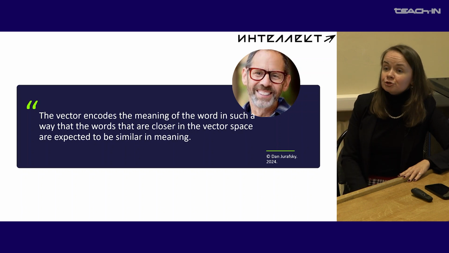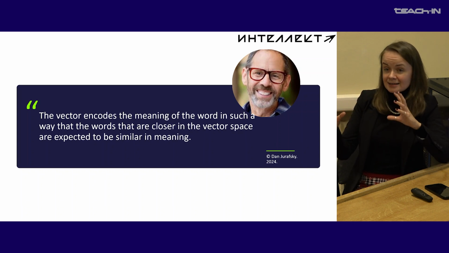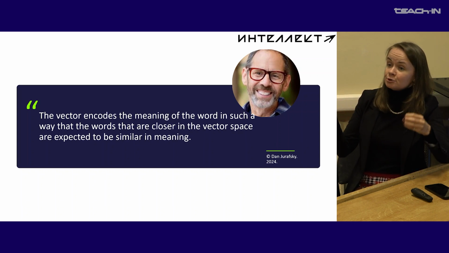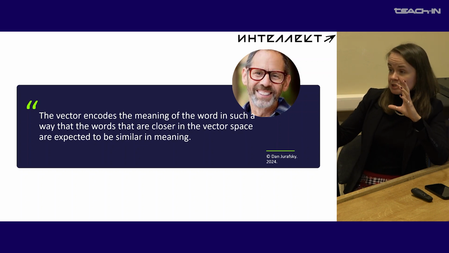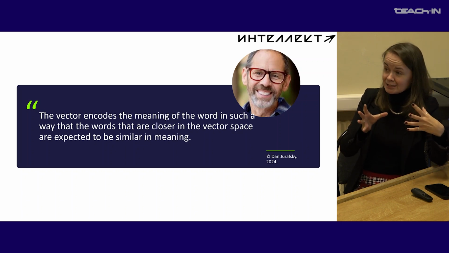I would like to draw your attention to the word encodes here, because during this lecture and the next one especially, we will discuss this process of encoding and decoding all the time, because modern transformers like GPT have both sides always, but still normally one of the sides is more important.